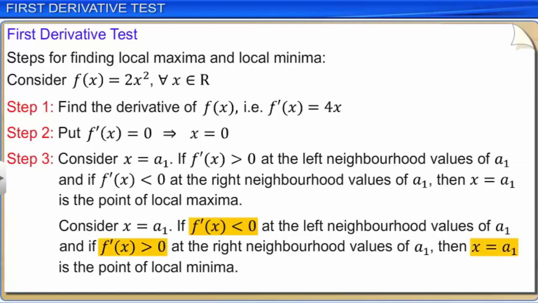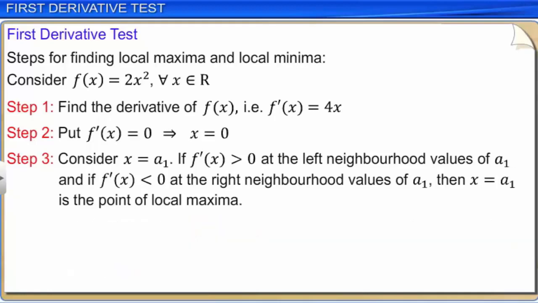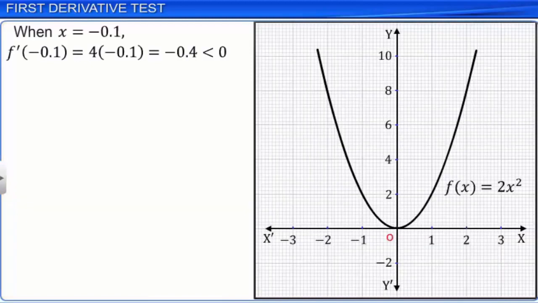Let's now get back to the problem. In this case, there is only one critical or stationary point. Let us now observe the behavior of the function in a small neighborhood of 0. The sign of the derivative of function f is negative when the value of x is slightly less than 0.